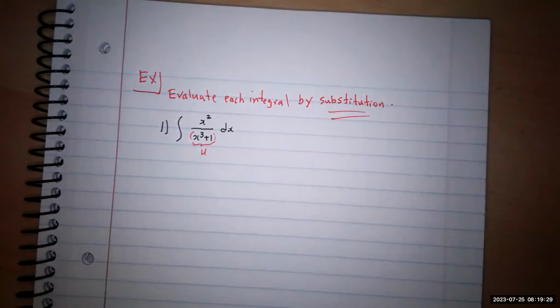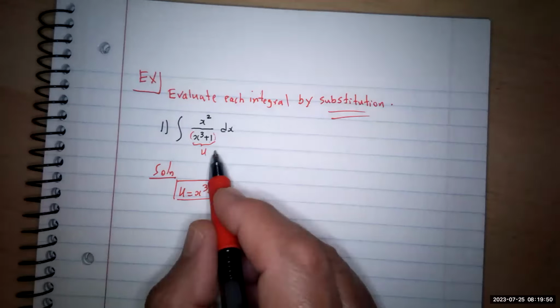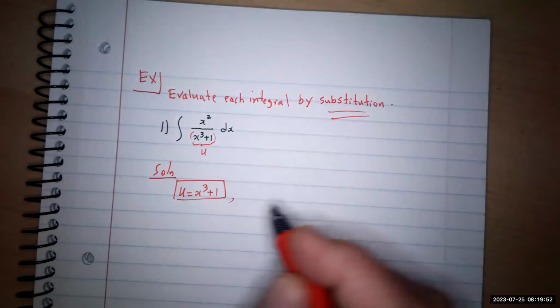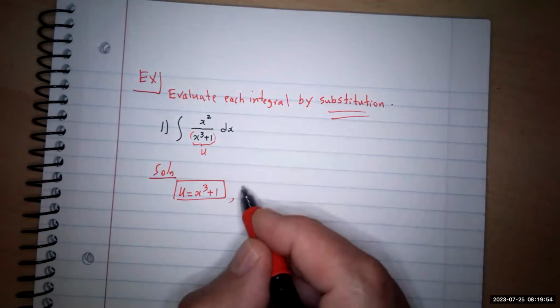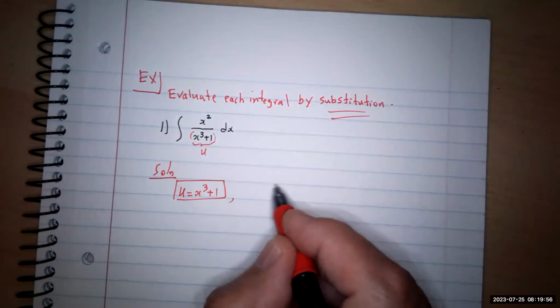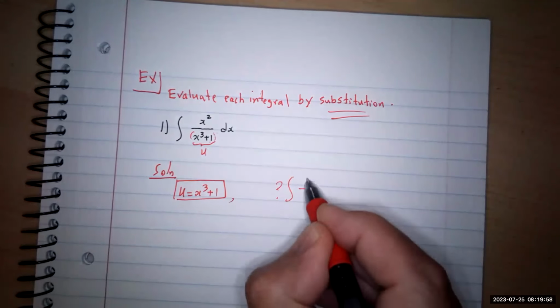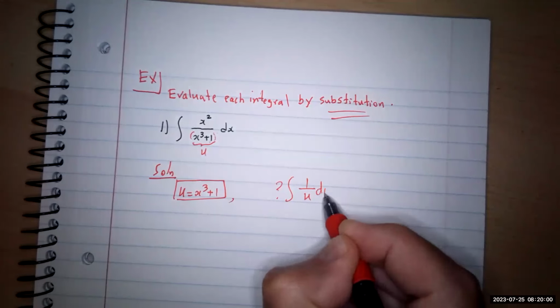So this is it. You take u to be x cubed plus 1. And then the target is 1 over u du. So just remind yourself that the target is going to be 1 over u du.